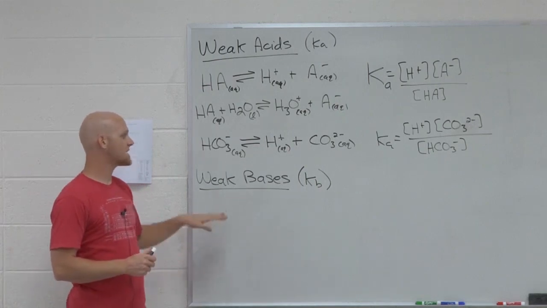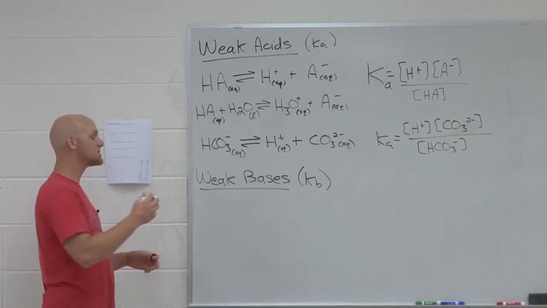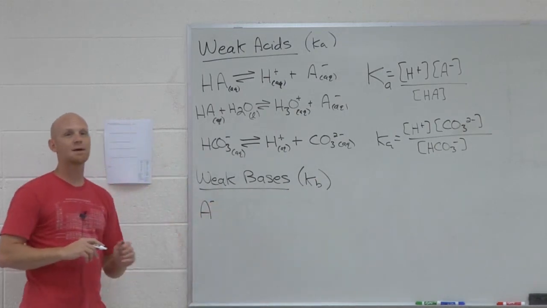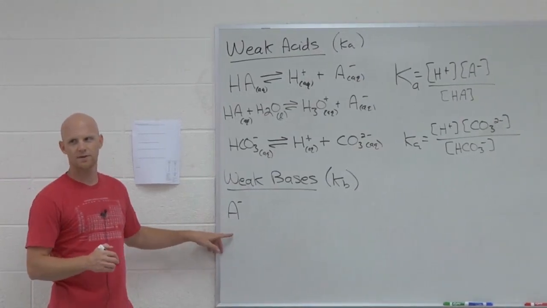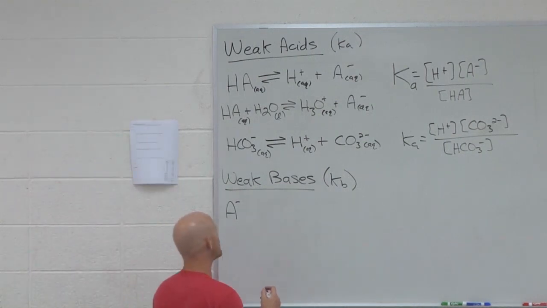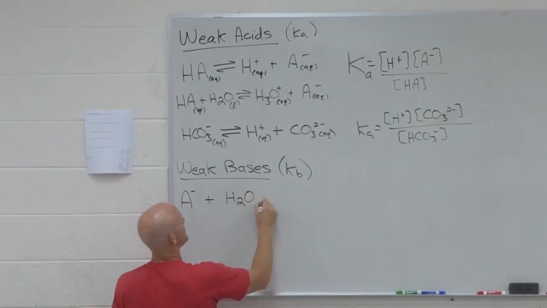Cool. We can do the same thing for weak bases. So for a weak base, the one I'm going to choose to use is generically A-. And I chose it because it's the conjugate base of my generic weak acid HA. So when you're looking at the reaction of a weak base, you have no choice but to include water.